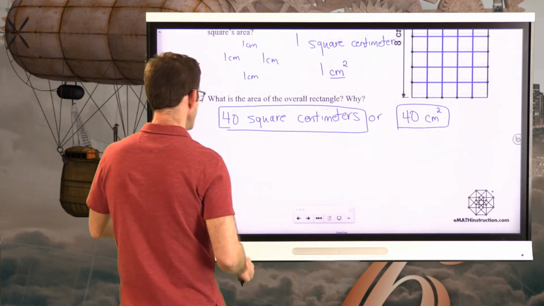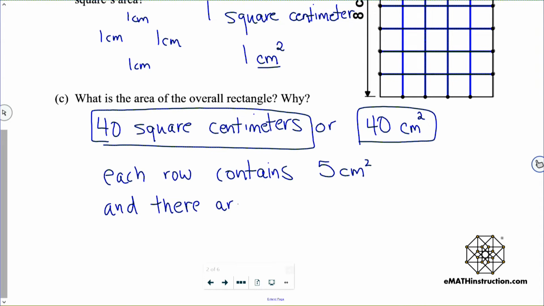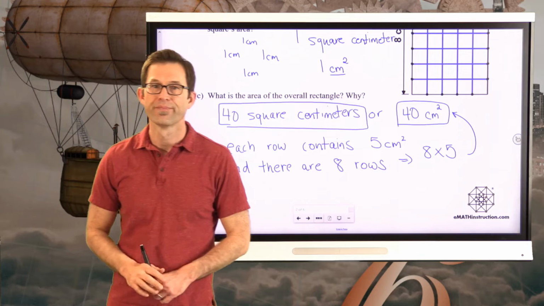So, let me write this down. Each row contains 5 square centimeters, and there are 8 rows. So we just get 8 times 5, and that gives us 40 square centimeters.